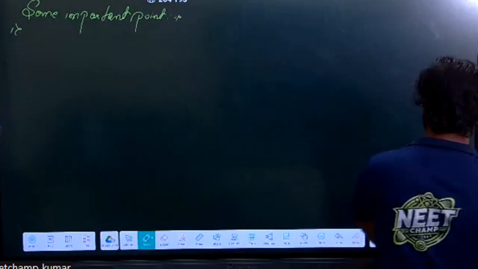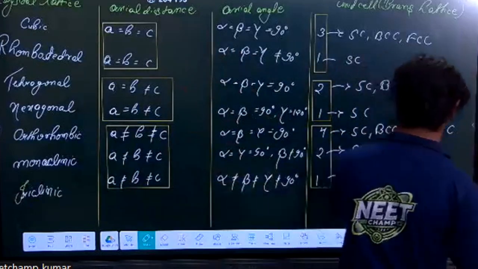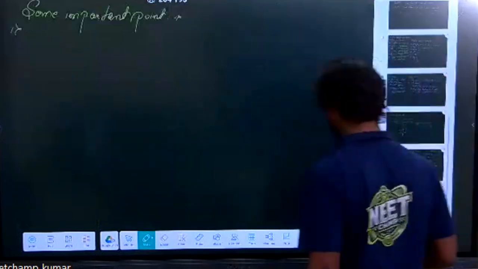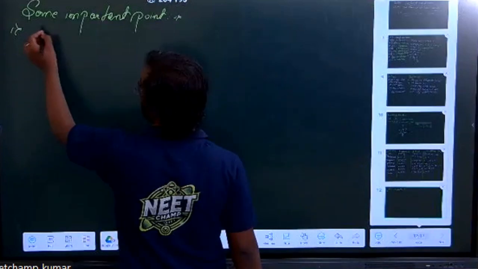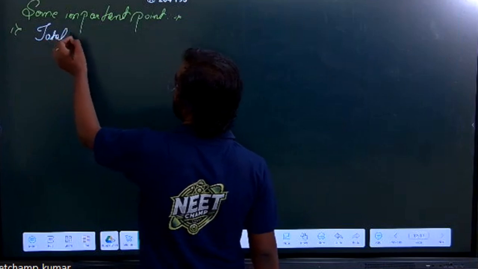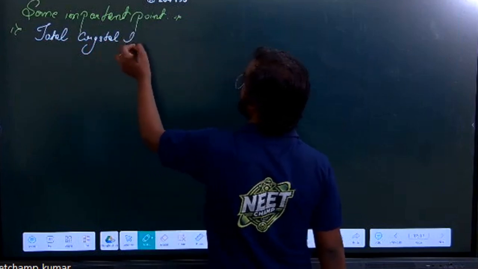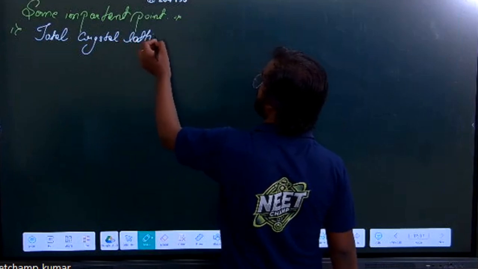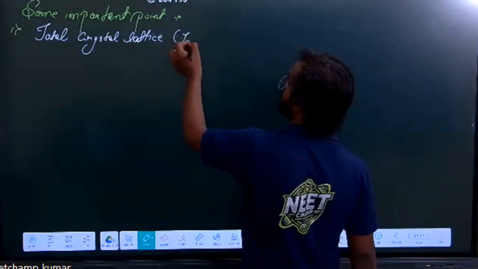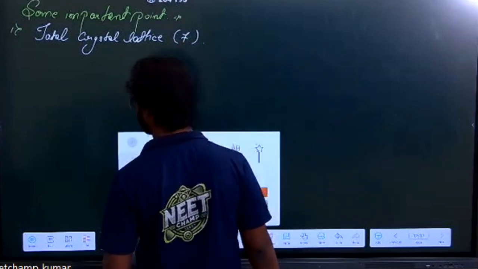How many crystal lattices are there? 7. We have 7 crystal lattices. So total crystal lattices is 7. Okay. That is the first important point.